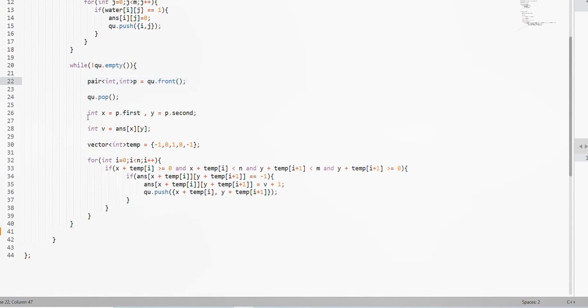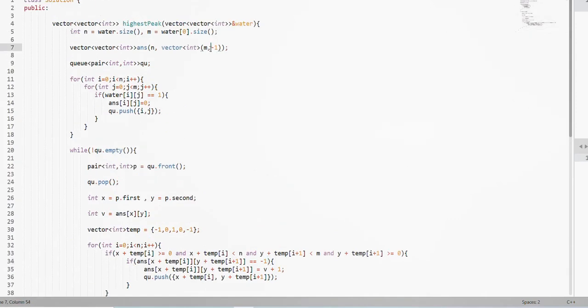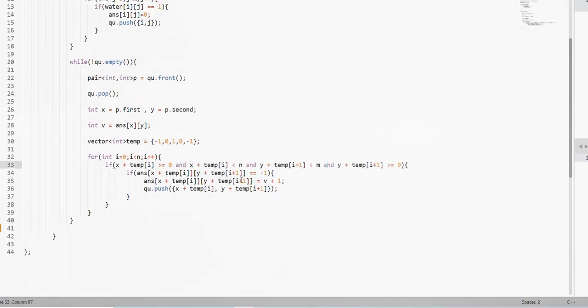and in the BFS search I pop the top node from the queue, and I explore all of its adjacent cells here, and for the valid adjacent cells which are within the boundary of the given matrix, I check if they are unvisited. So if it contains -1, then that means they are unvisited, because I initialized my answer matrix with -1, and the heights cannot be -1, and hence they are unvisited.